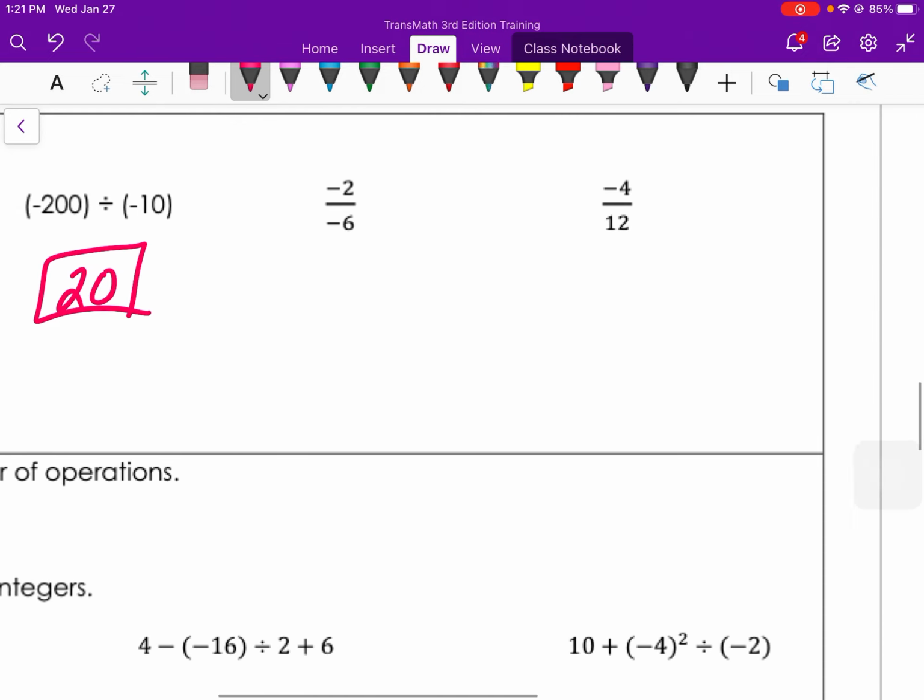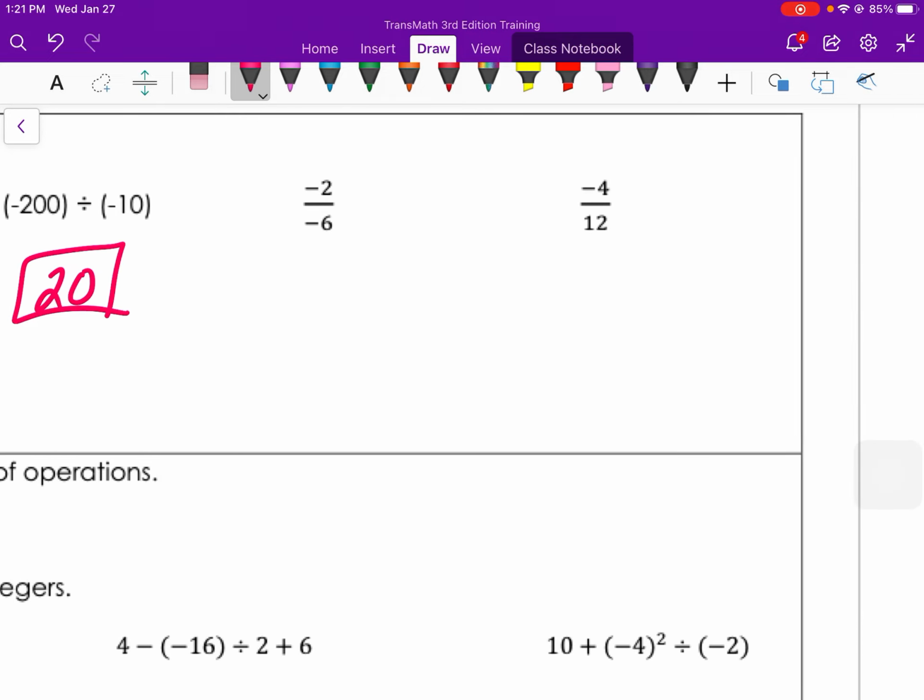Remember, division can also be written using the fraction bar. A lot of times when we divide, we'll write our division problems like this: 2 divided by 6, or -2 divided by -6. If it doesn't reduce to a whole number, we often leave our answers in fraction form. So -2 over -6, they're both negative, so your answer will be positive.